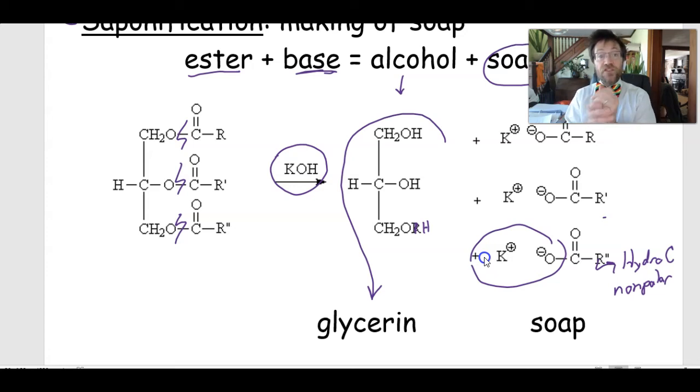And so as you're scrubbing, you're forming these little teeny cell-like structures where it kind of bubbles around the dirt. And when you rinse it with water, this ionic part attaches to the water, and the water physically brushes it off of your hand. So again, it captures all the nonpolar grit, and then this part has a polar outside so the water can grab it and take it off of your hands, and everything goes away.